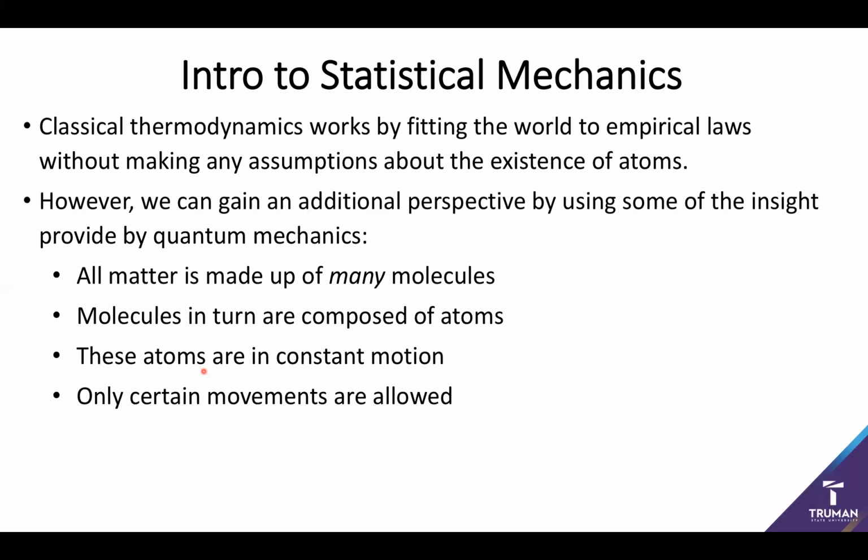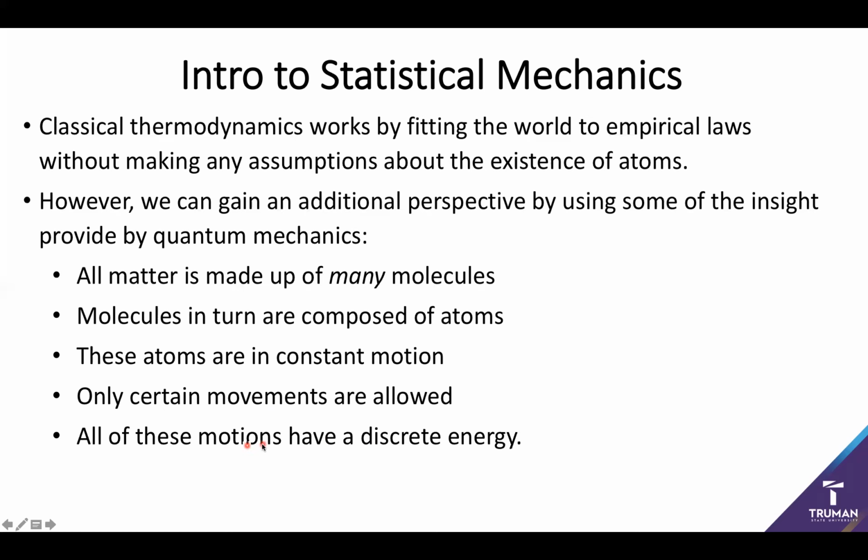Otherwise, you get these wave particles, atoms and molecules, that can start getting certain degrees of interference. And to avoid that interference, only certain speeds of motion or directions are actually going to be allowed. And this means that only certain energies are going to be allowed.